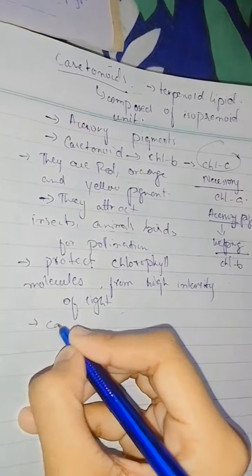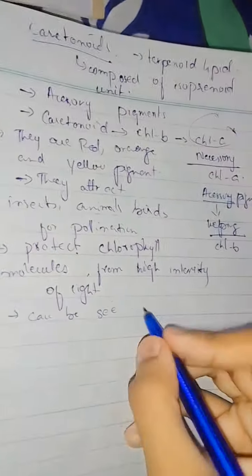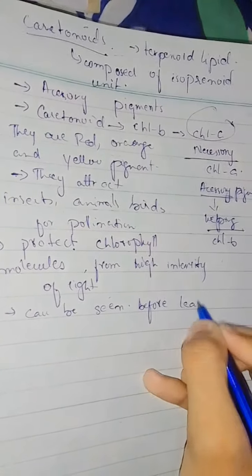Carotenoids can be seen before the falling of the leaves, before the leaf falls.